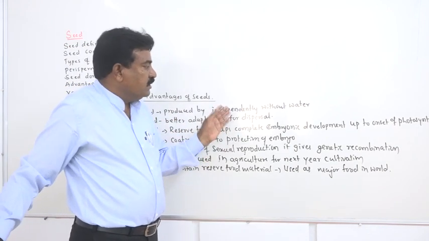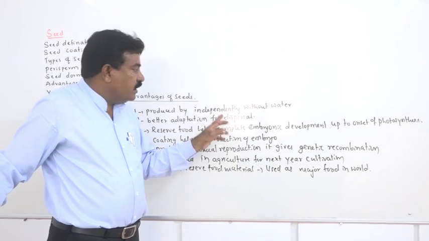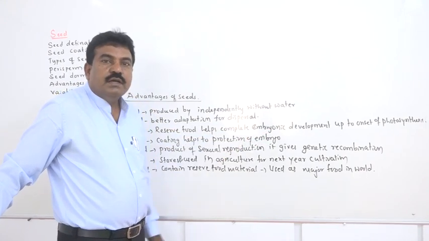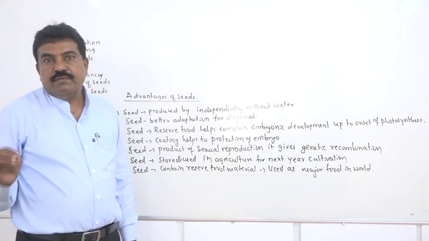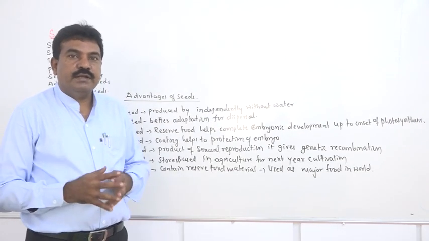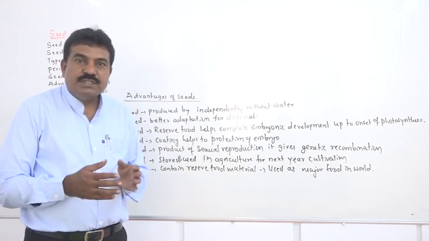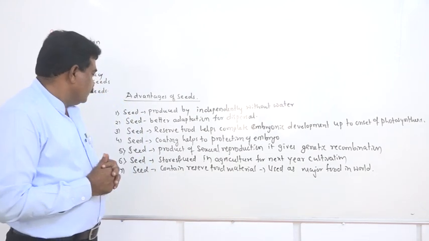Therefore, it can spread far away from the parent body and spread all over the world. Hence, compared to lower members like algae, fungi, bryophytes and pteridophytes, seeds have better adaptation to disperse their species all over the world and become dominant.